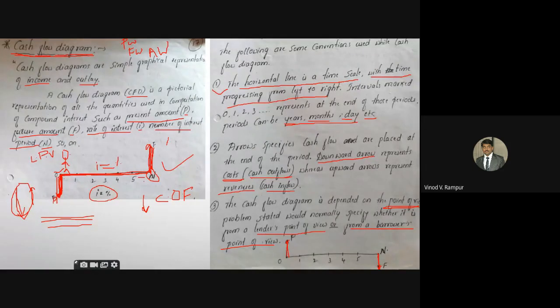That is the lender point of view. And here I am taking money from someone and I become a borrower. I am borrowing money from others, and after n periods I am giving the money back to the same person.